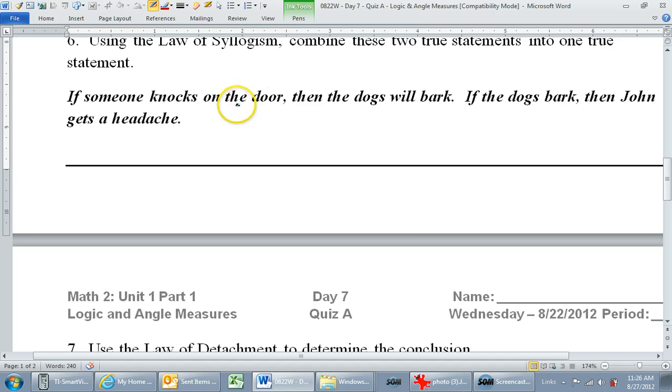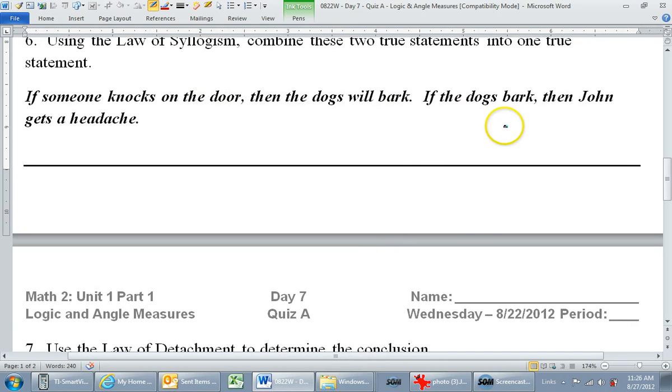Syllogism. If someone knocks on the door, then the dogs will bark. If the dogs bark, then John gets a headache. Okay? You see that middle part that's repeated. The dogs will bark, if the dogs bark.